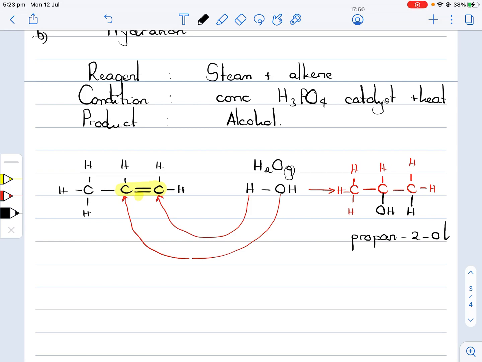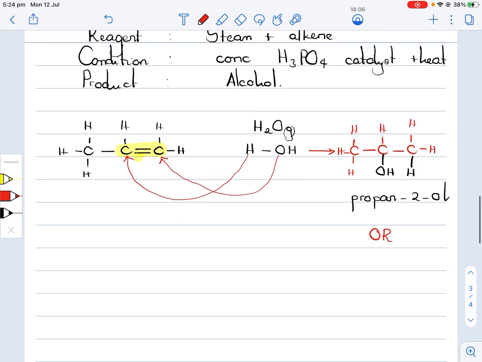I can reverse who is going to be receiving the hydrogen and who is receiving the OH. I can reverse it to say that it's the first carbon that can receive the OH and the second carbon that can receive the hydrogen.